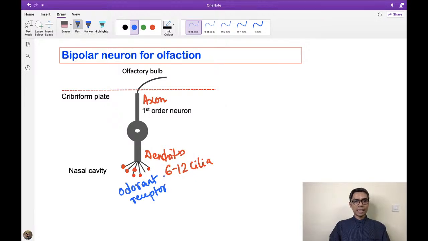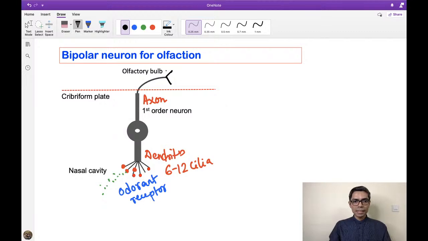That means the dendrites contain cilia, and on the cilia there are odorant receptors. Whenever this receptor is stimulated by some chemical signal, a receptor potential will be generated at the level of this bipolar neuron, and that receptor potential will travel through this axon, and the axon will produce an action potential, which ultimately leads to the olfactory bulb.